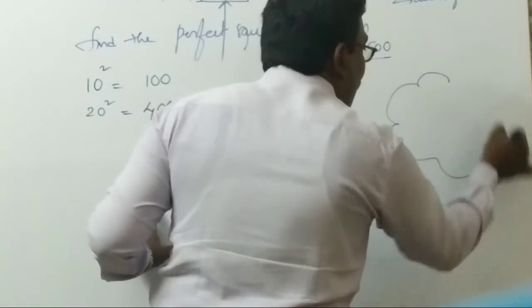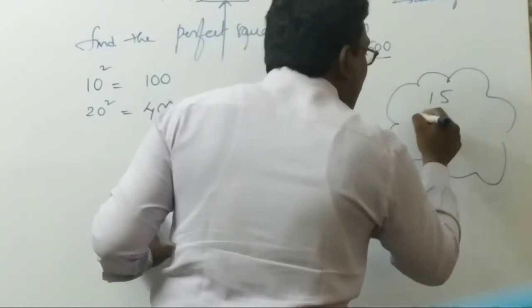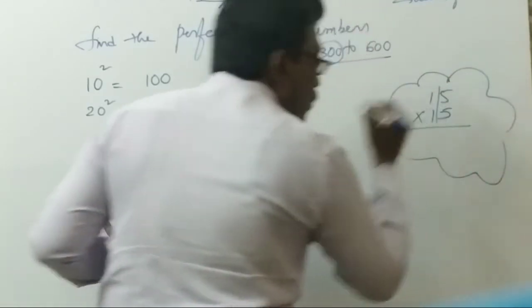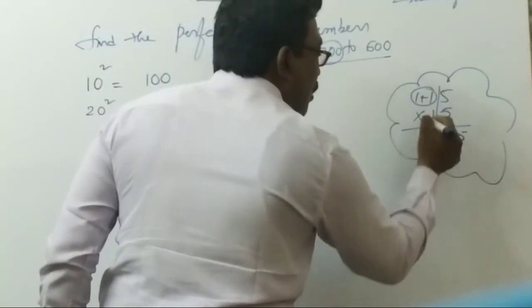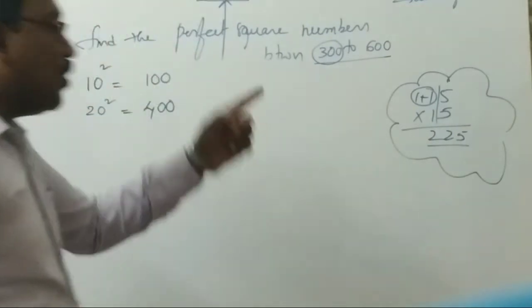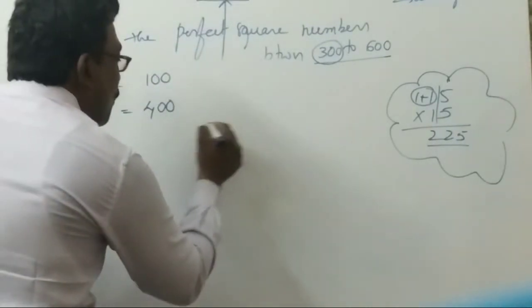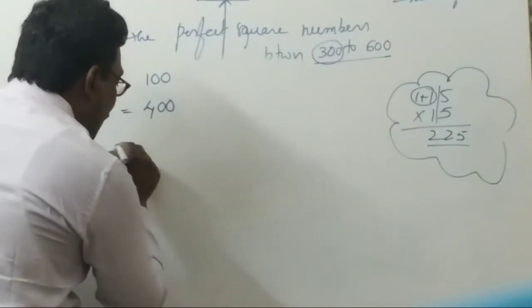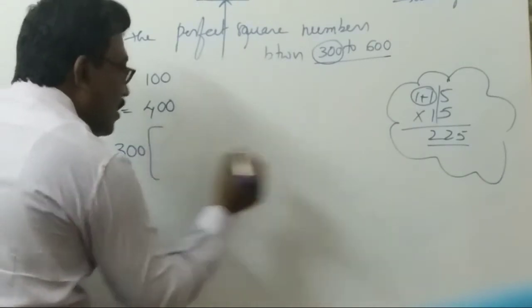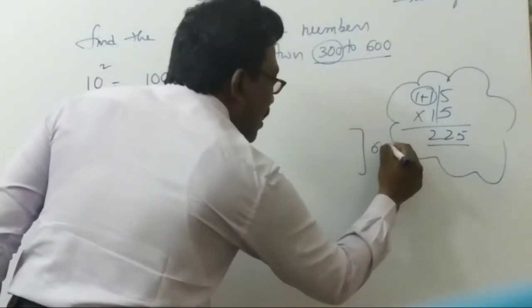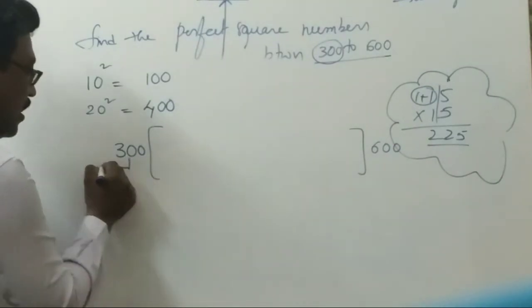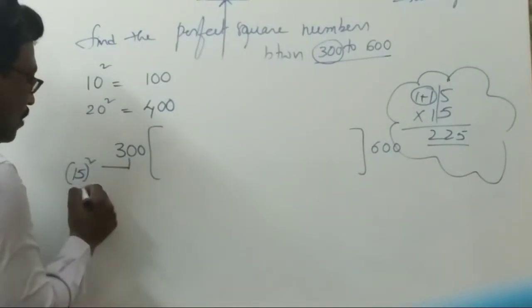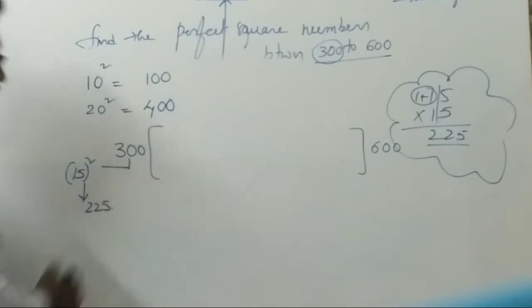Okay, once again the same technique. 15 into 15 is equal to, once again I am telling, 5 5s are 25. Add 1 to the number, 2. 1 2s are 2. 225. Now we need the numbers between 300 to 600. So here 15 square is how much? 225.